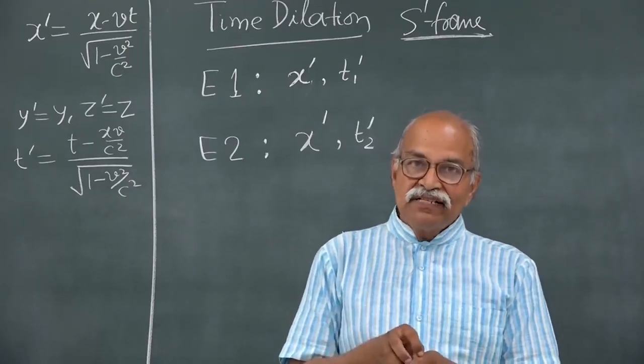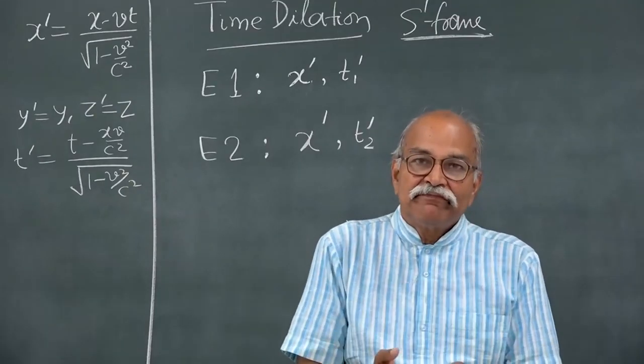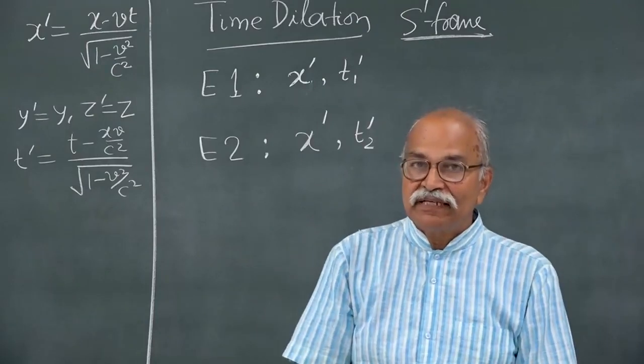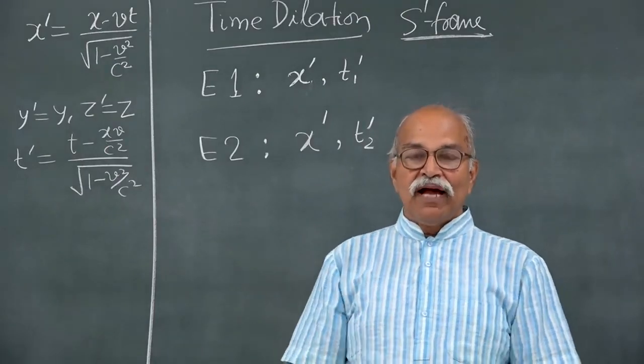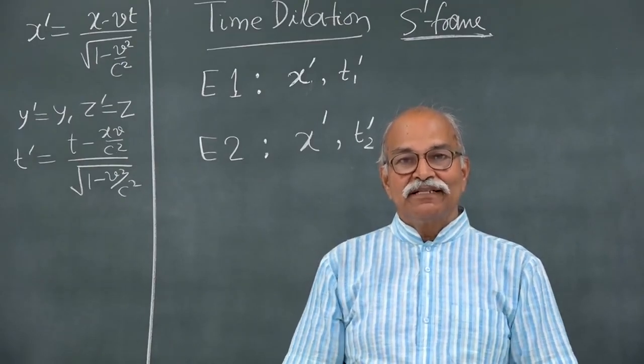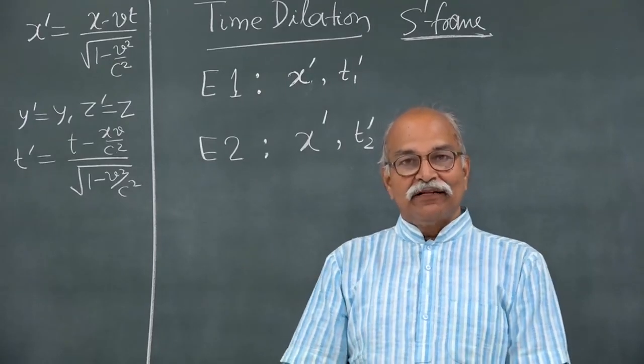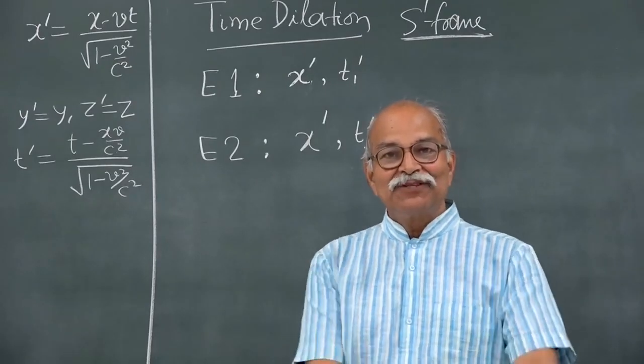So, the two events have taken place at the same position in my frame, in this room frame for example. I am standing here, and at this place itself, after some time I say okay, done. So, these are two events.